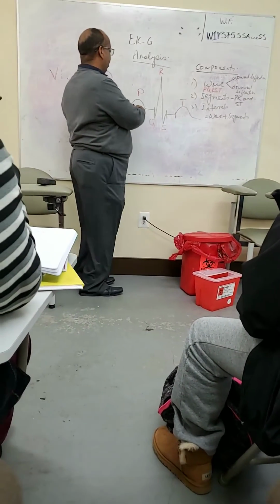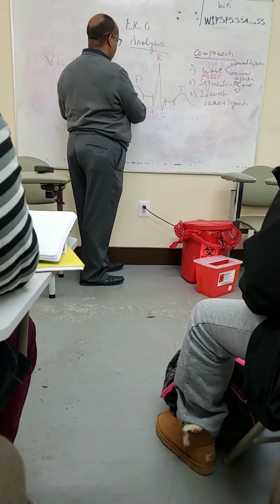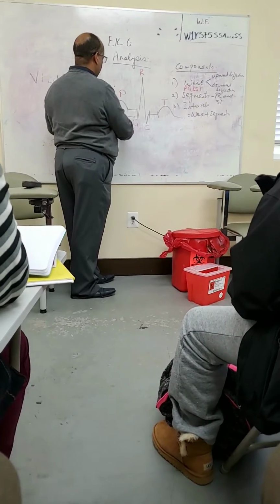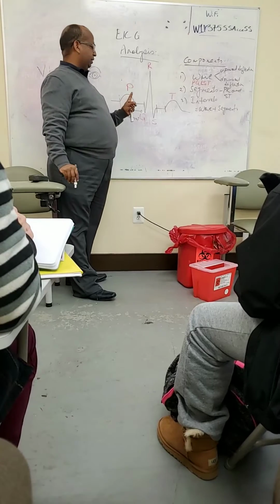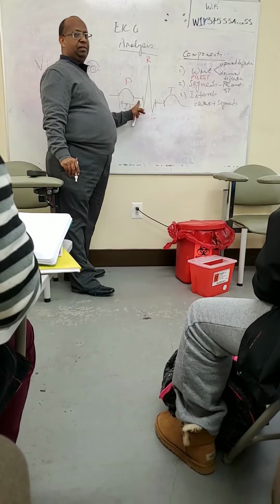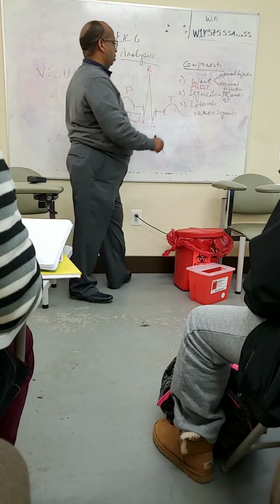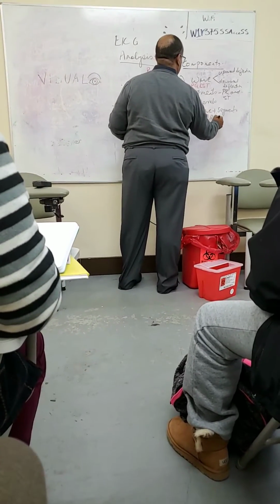So the P wave and the PR segment, from here to here, is what we call the PR interval. Usually we call it PRI.